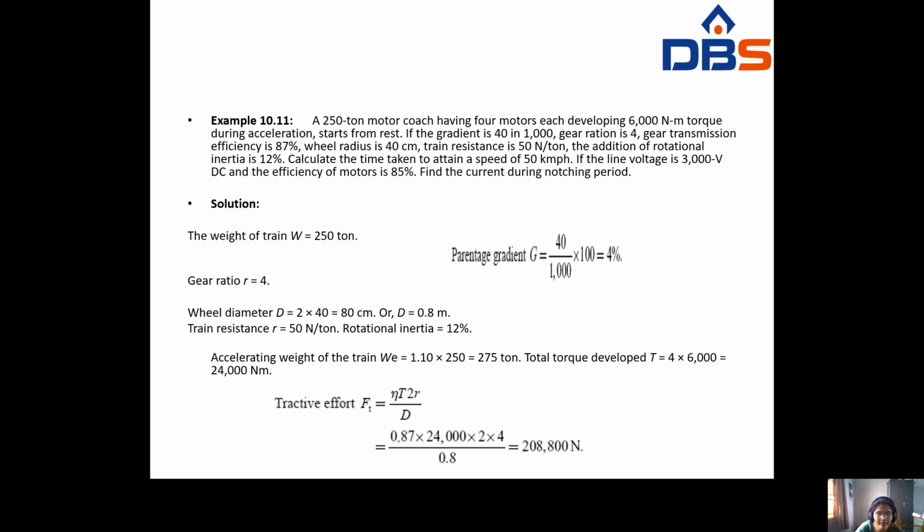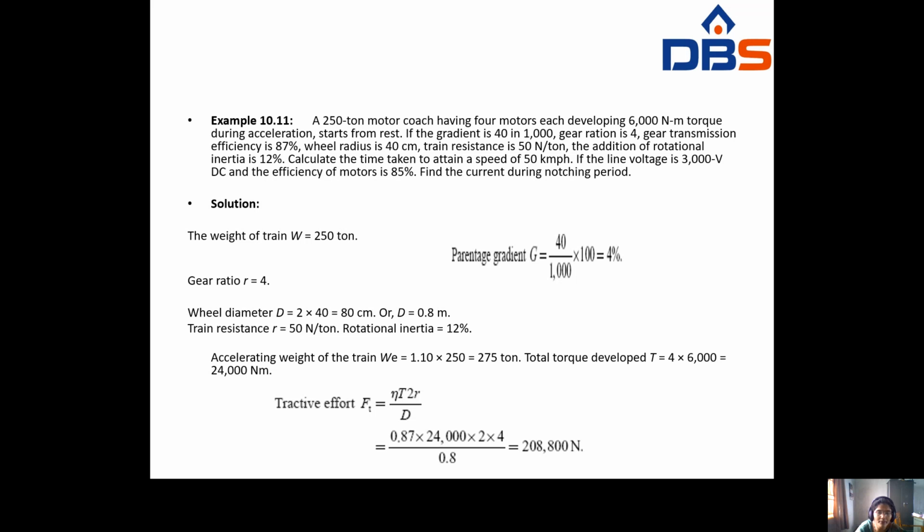The weight of the train W equal to 250 tons, percentage gradient G equal to 40 in 1000. So you have to write 40 by 1000 into 100, so the percentage gradient is 4%. Gear ratio equal to 4. Wheel diameter D: in the problem only the radius is given, but you have to find the diameter, 2R.